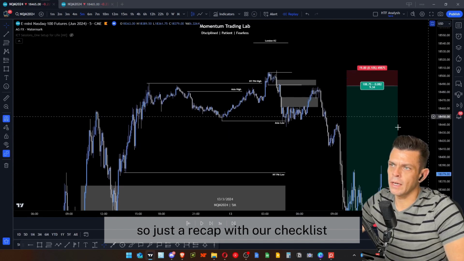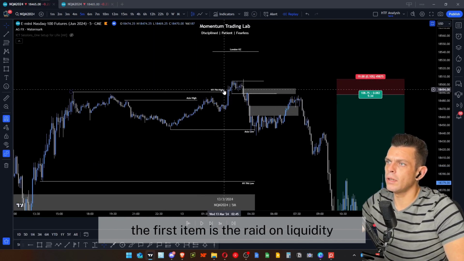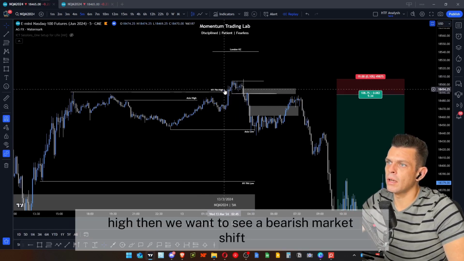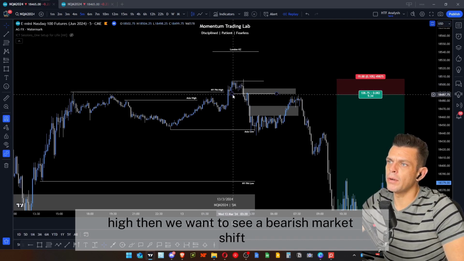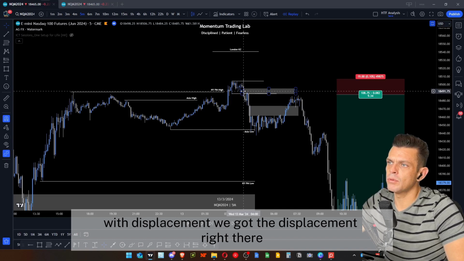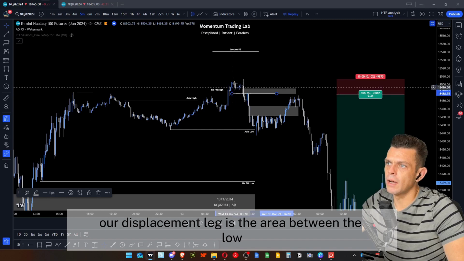So just to recap with our checklist, the first item is the raid on liquidity, which we got when we traded above the PM session high. Then we want to see a bearish market structure shift with displacement. We got the displacement right there. Our displacement leg is the area between the low and the high.